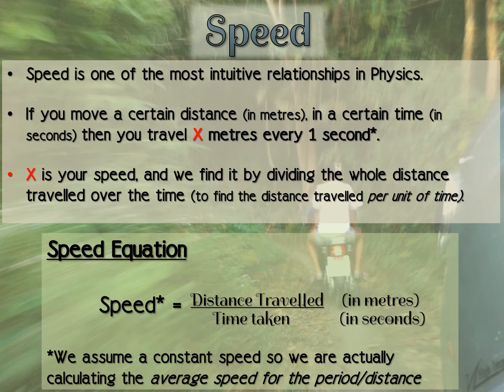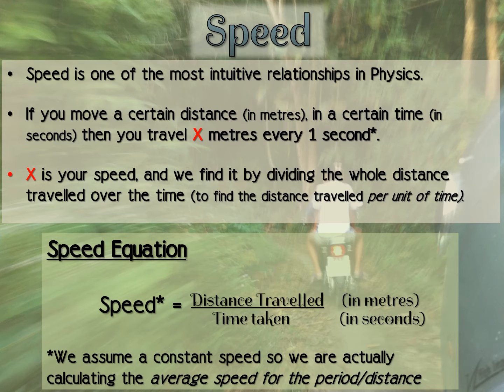So the overall distance traveled divided by the time taken to travel it. And what this gives us is the distance traveled per unit of time. So the distance traveled per unit of time, and the unit of time is seconds, so you travel x meters in every 1 second.